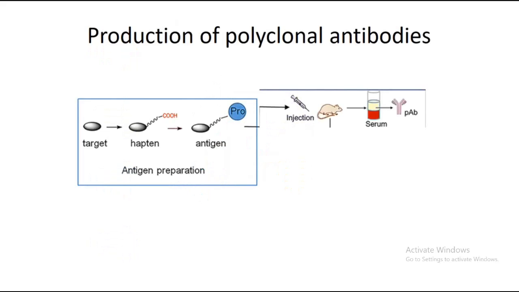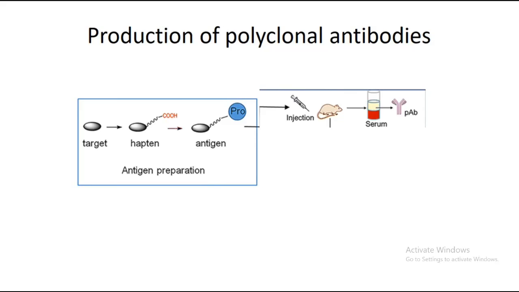So now I'm going to talk about how this can lead to the isolation of polyclonal antibodies. Okay, so we have a target. Say for instance it is C-reactive protein, a protein in our bodies that gives us an indication of whether an inflammatory response is taking place.